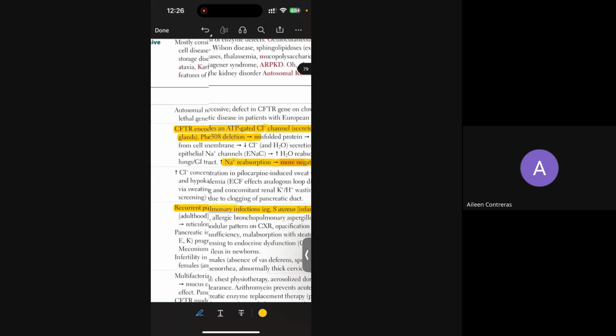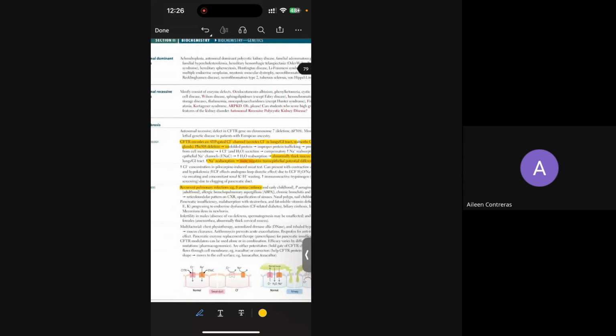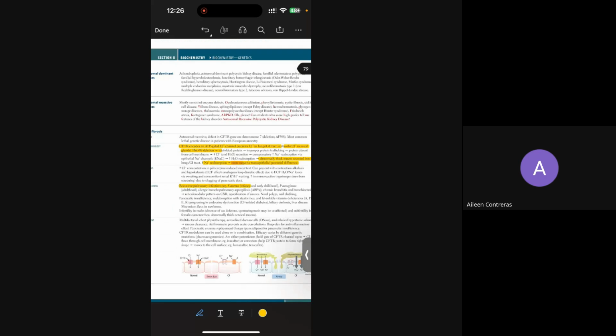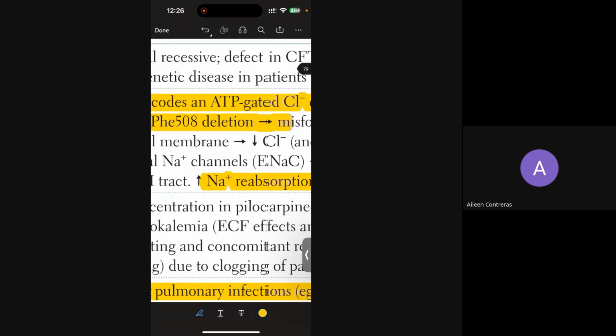The gene involved in cystic fibrosis is the CFTR gene. It encodes an ATP chloride channel. And in this gene, phenylalanine is deleted at the 508 location.